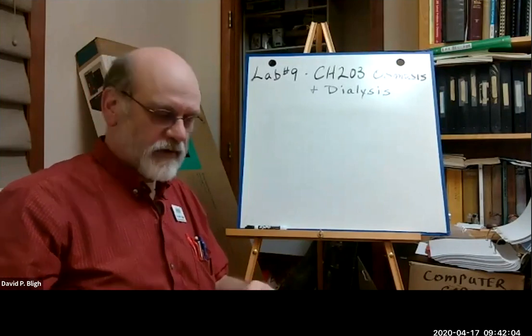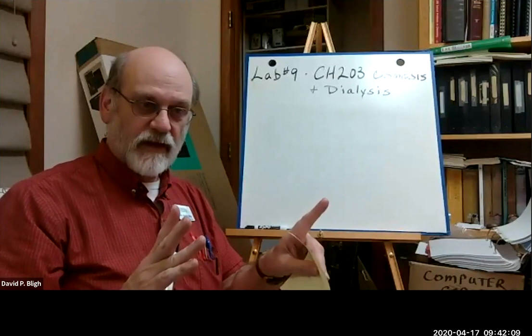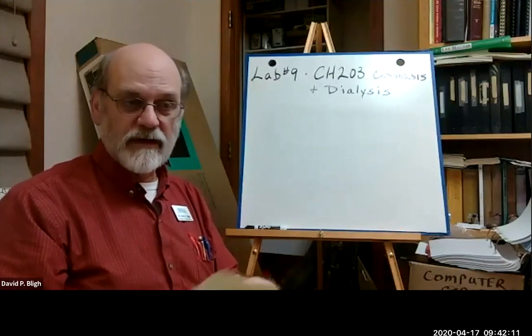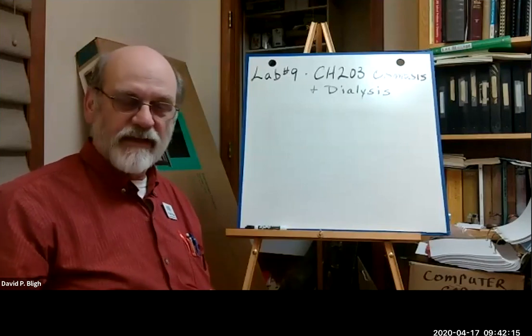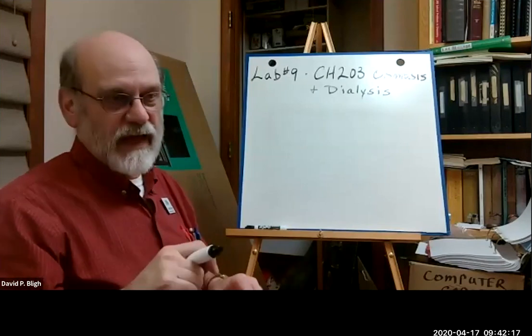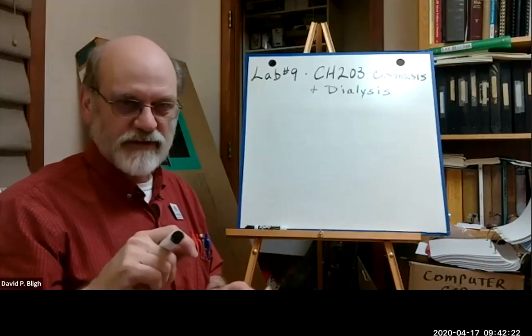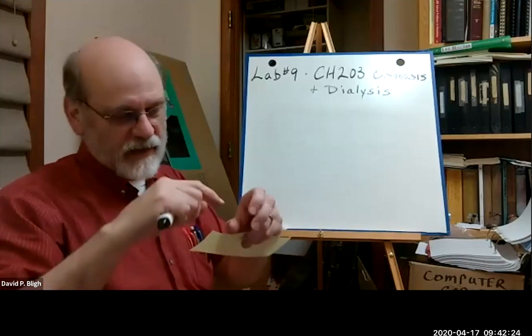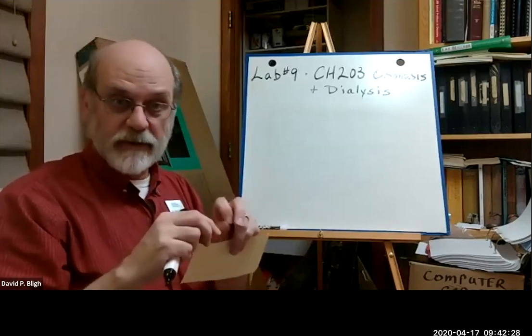So I would have cut off pieces about that long and submerge them in distilled water and just let them hydrate. And then you take out a piece and you use a glass rod, which is best because it has no sharp edges, and find out how to open up the tubing, right?